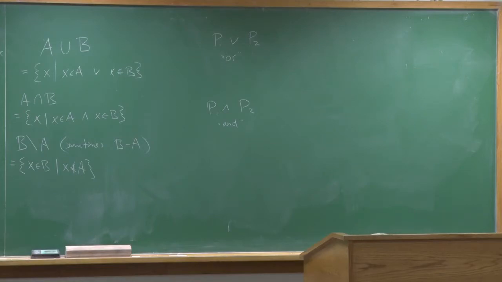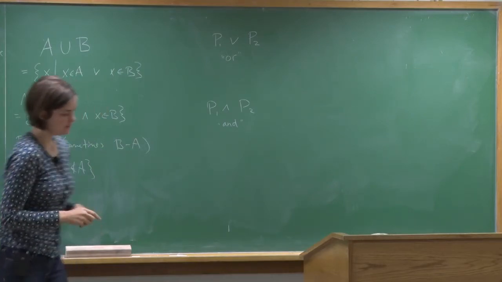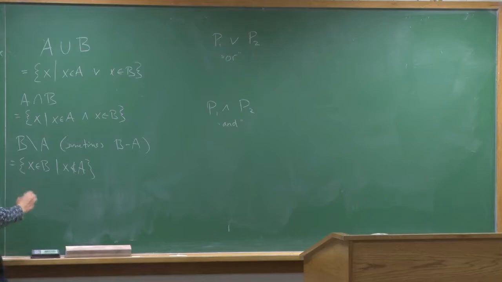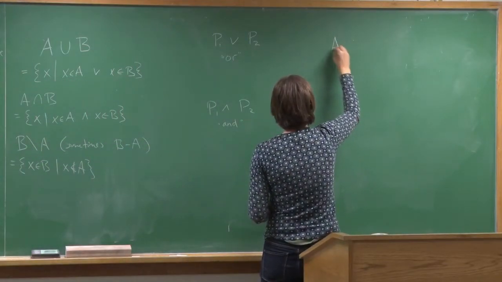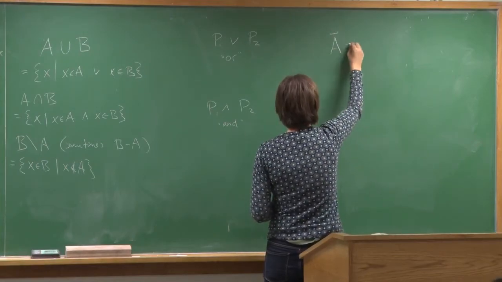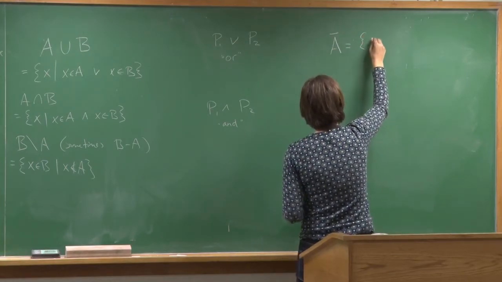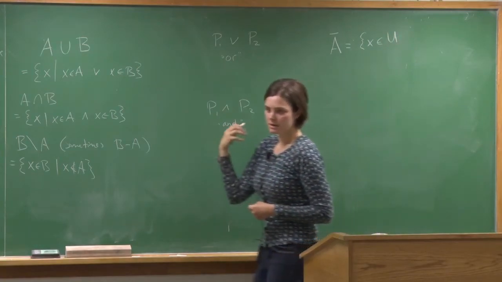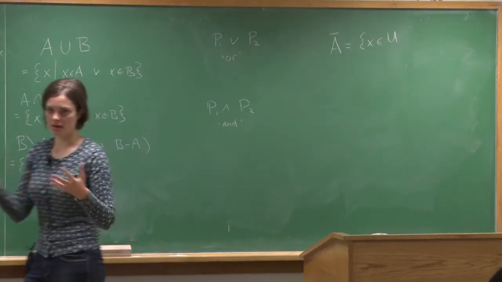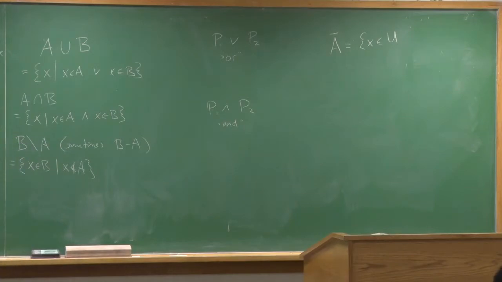And then finally, the complement. So the complement of a set A is all of the elements in U. And what is U? Well, U is some universal set that we're working in. But in order to define the complement, you have to say what the universal set is that your set is in. Right? And you have to be clear about that.